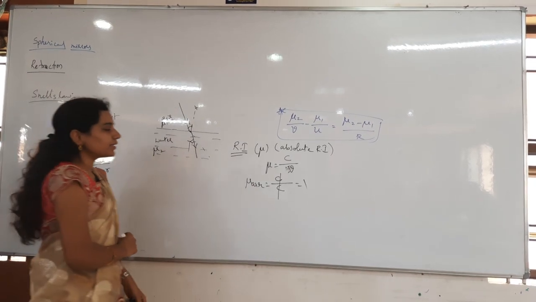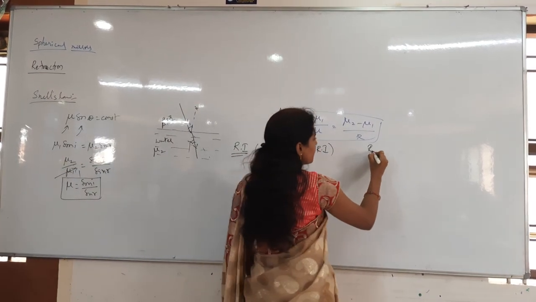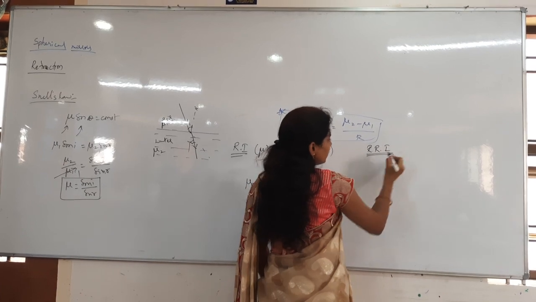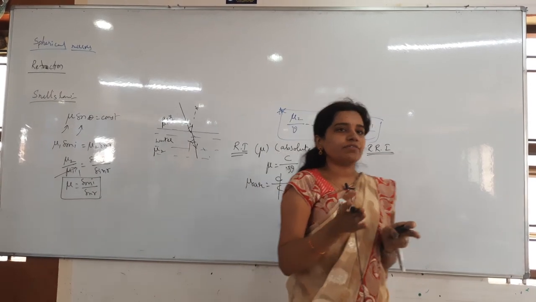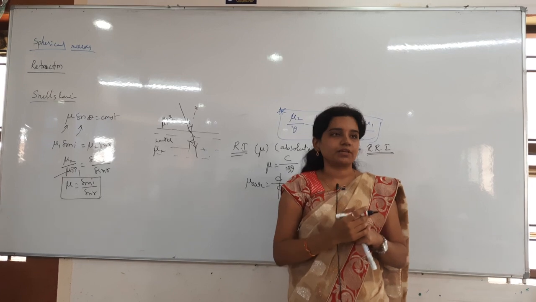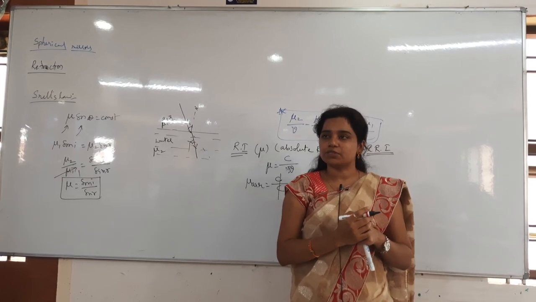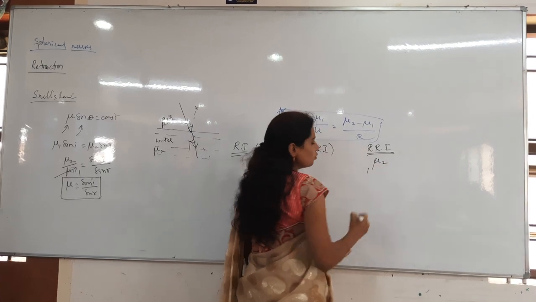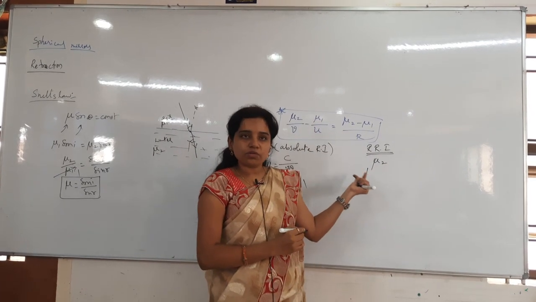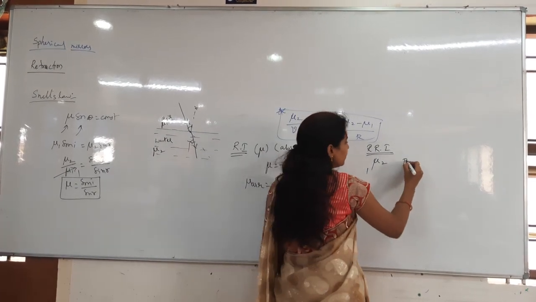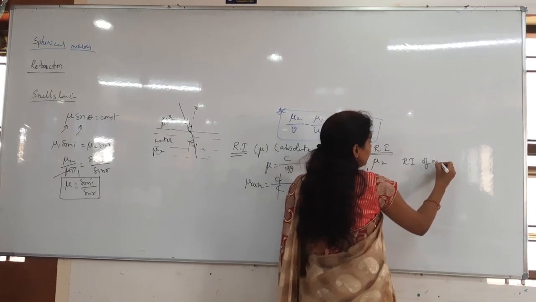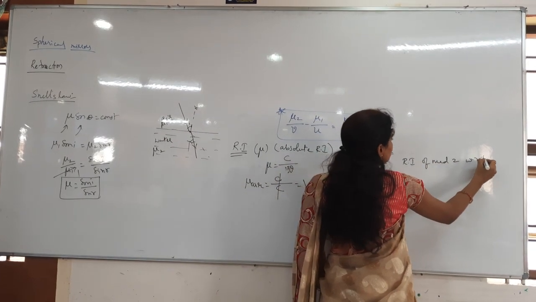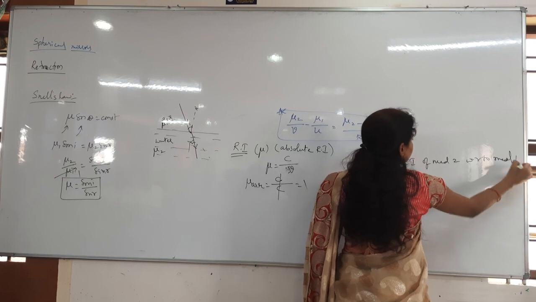Next is the relative refractive index. Relative refractive index means we are taking one medium with respect to the other medium. You might see the notation mu 21. Mu 21 is the refractive index of medium 2 with respect to medium 1.